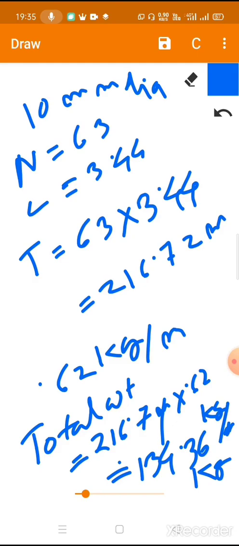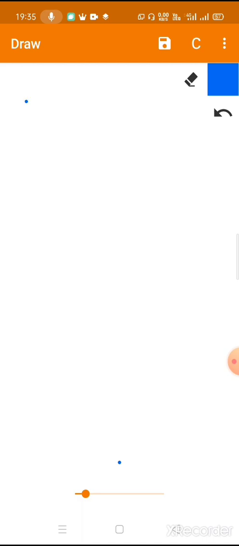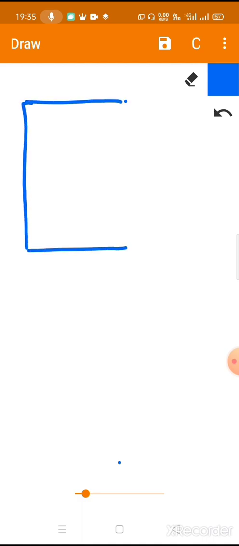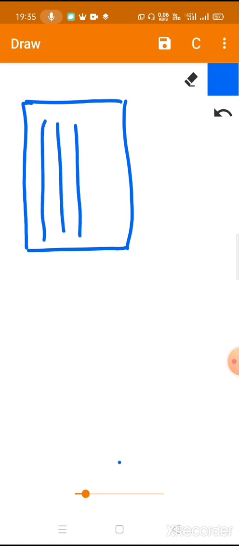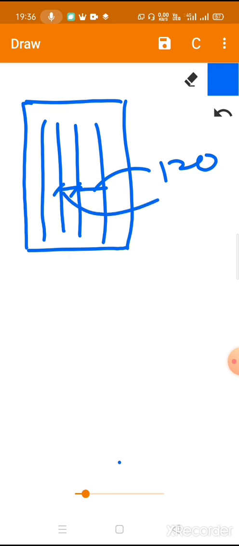Okay, now we'll calculate the total amount of distribution reinforcement. For that let us come back to the slab once again. Distribution reinforcement is provided like this. Spacing was, I think, 120. And this length, along which the main reinforcement was provided, was 3.22.